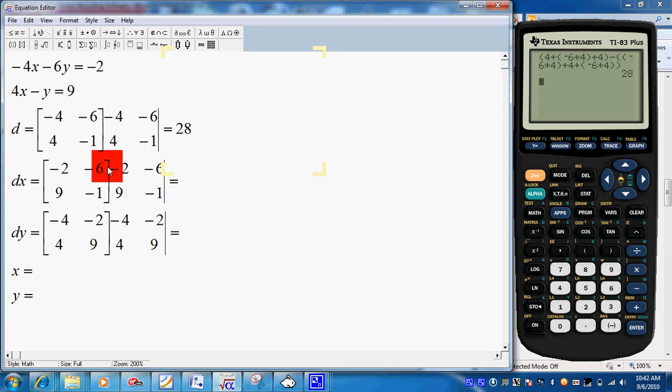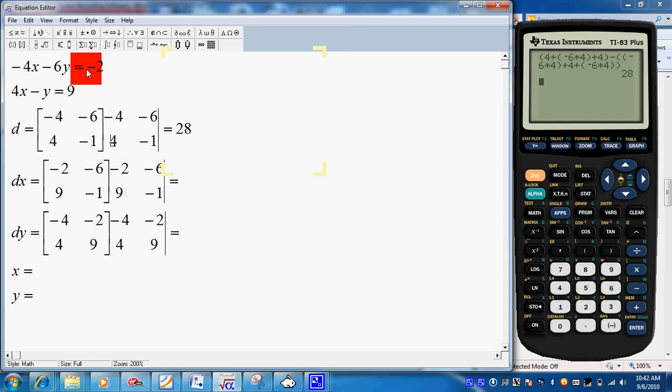Here we go. Since this is Dx, the x column, which is this one, we must fill it in with the answers the equations must equal, which are negative 2 and 9. So there they are.